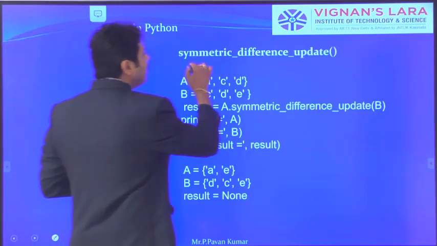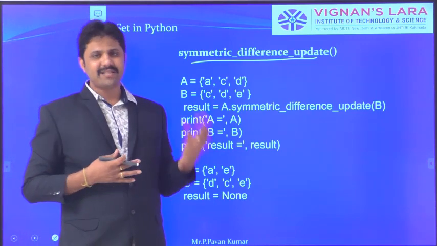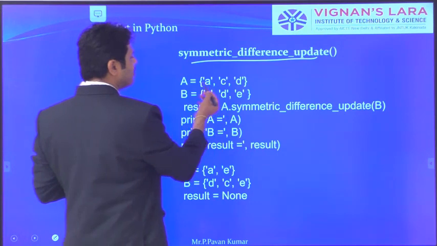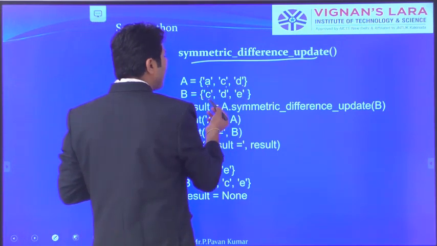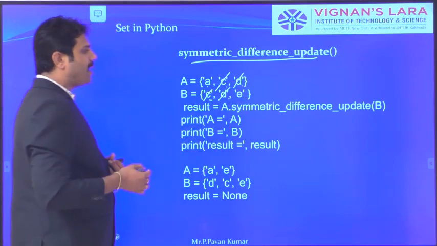Next, symmetric difference update. Same. Update means it updates A. That is the only difference. So let us see here. I have a set A, C, D, and C, D. What are the common elements? These two are the common elements.